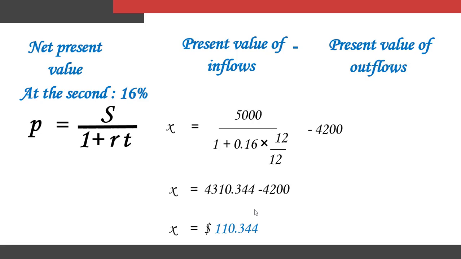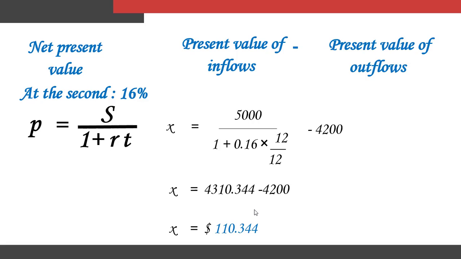The next required, get the net present value with 16%. Net present value equal to present value of the inflows minus present value of outflows with 16%. So X will be equal to $5,000 over 1 plus 16% by 1, which is equal to 4,310.344, minus the present value of outflows, which is equal to $4,200.